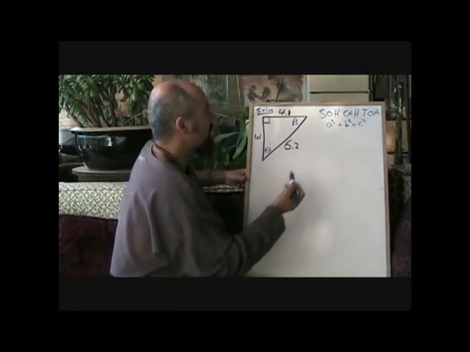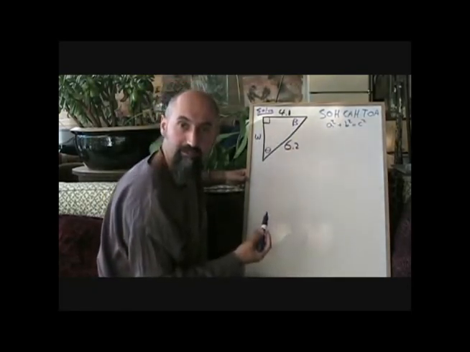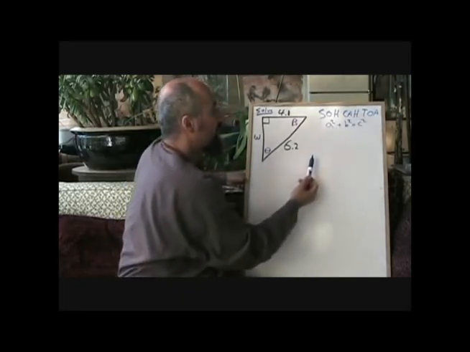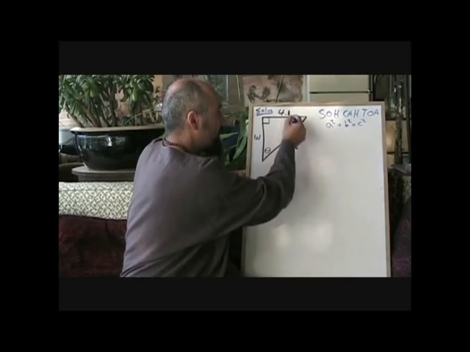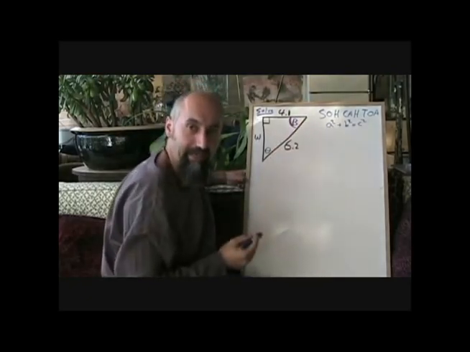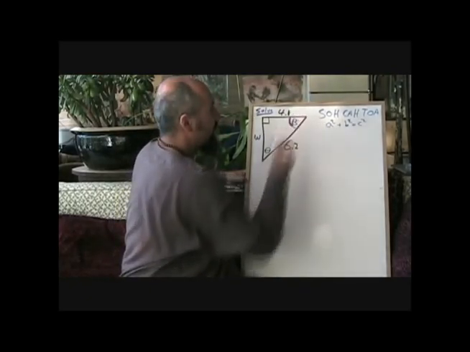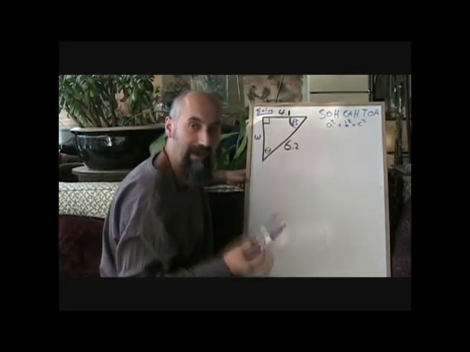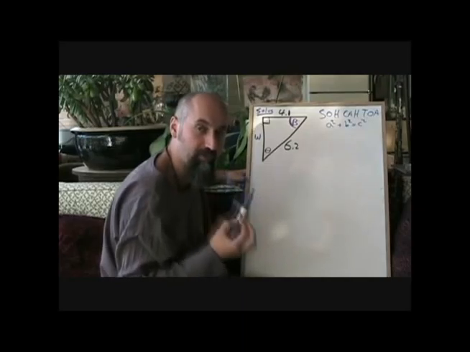So let's say we want to solve for beta this time first. First thing you're going to do is think about SOHCAHTOA and put yourself on this angle. If you're sitting here, which pieces of information do you have from the triangle? That's what you have to be thinking about.